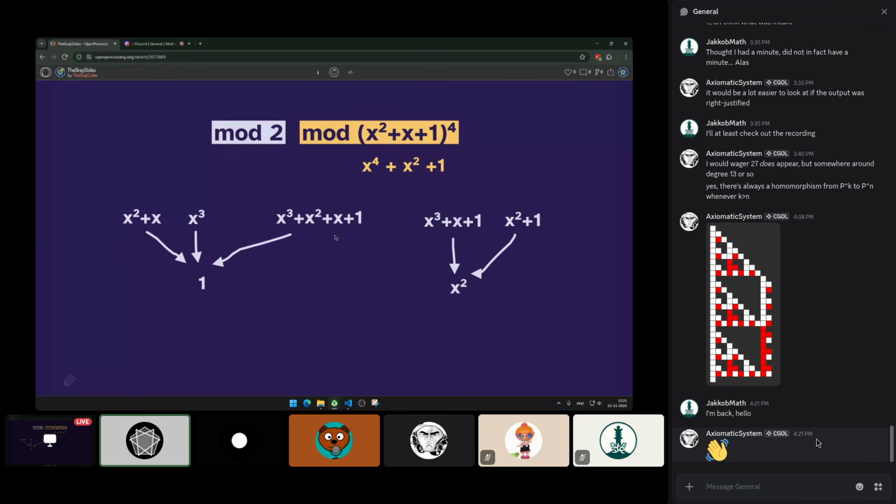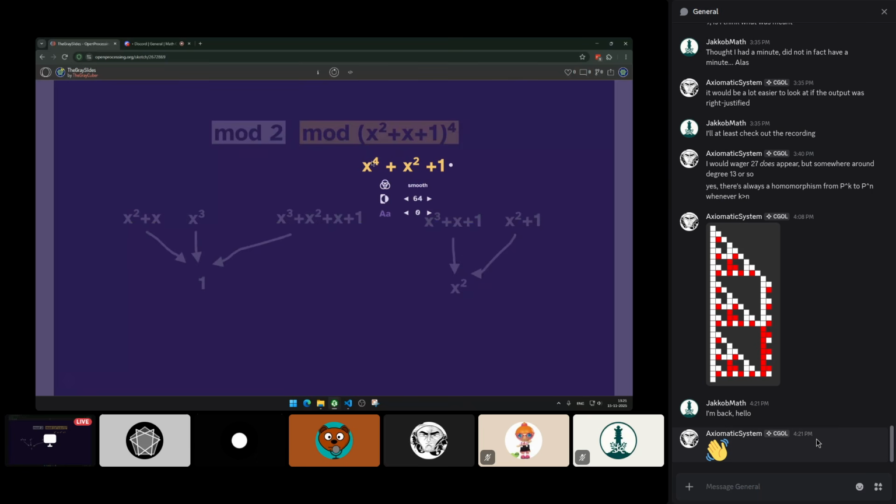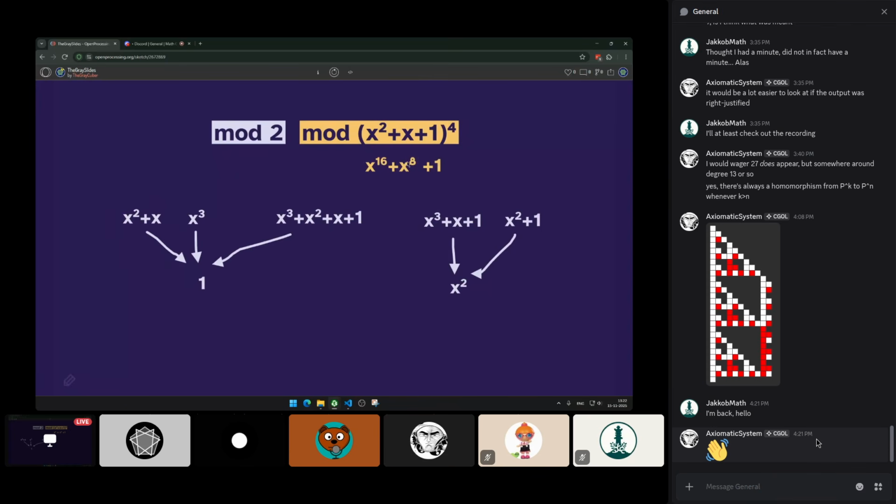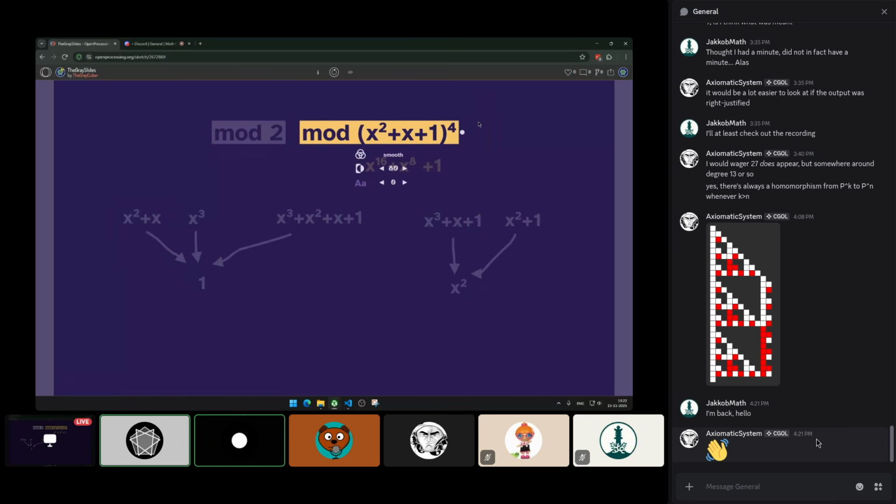So if we were instead to use a higher power of this, then squaring this, we would only be able to cancel up to a certain point. Like this would give us x to the 16. No, that's not, yeah, plus x to the 8th. Where are you getting a degree 16? If we take this to the 4th. Oh, but that should be x to the 8th. You're right, sorry, x to the 8th plus x to the 4th plus 1.